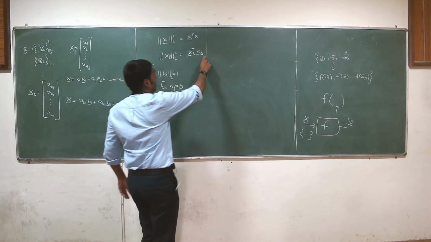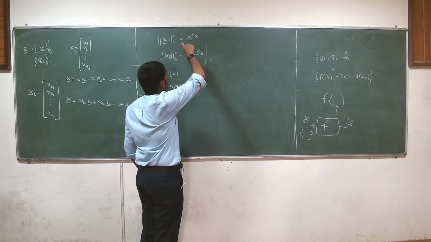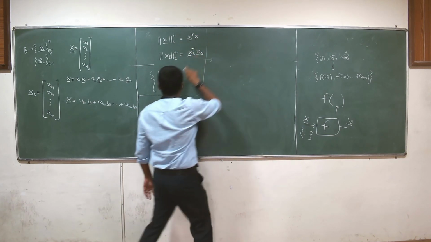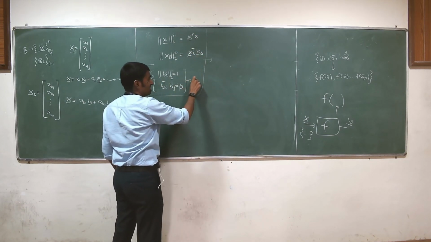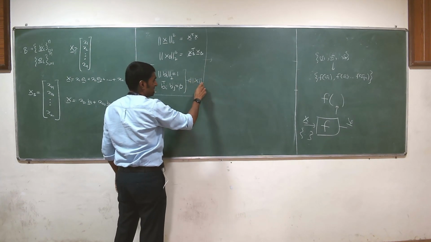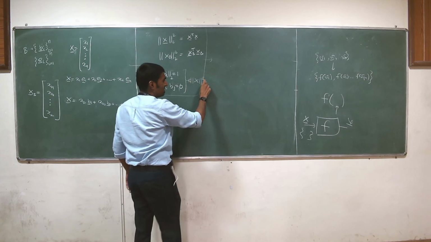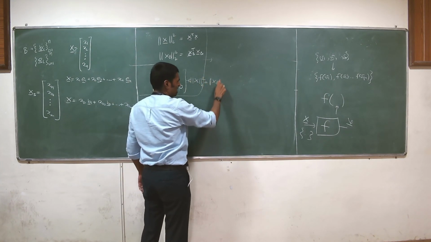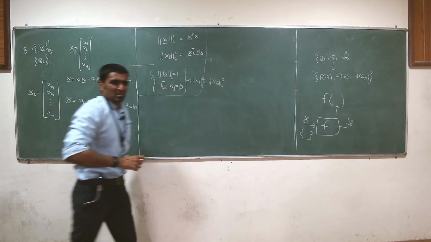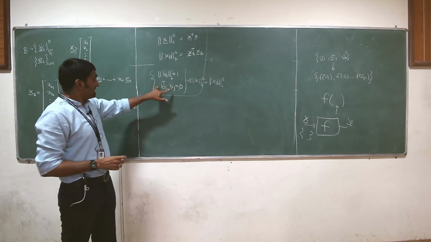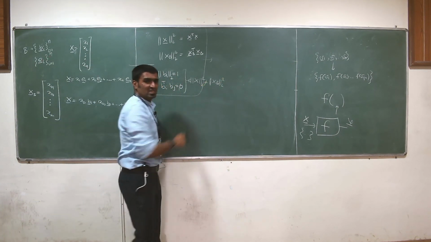So I want you to work this out, and then what you should find is that when this is satisfied, the norm of x squared will be equal to the norm of xb squared. When this is not satisfied, these two will not be equal.